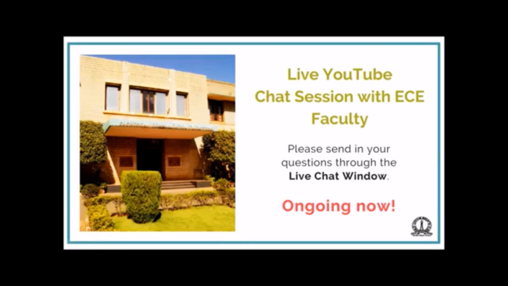So this is the question about how the area and advisor for my MTech project are assigned. I presume you're talking of the MTech by coursework, where you do an MTech project as part of it.